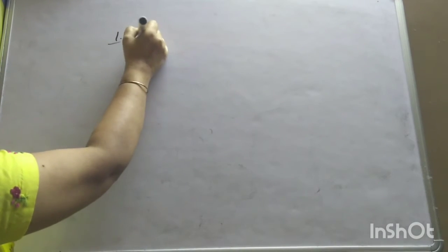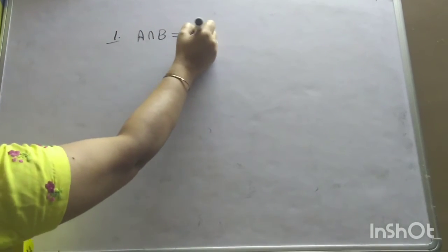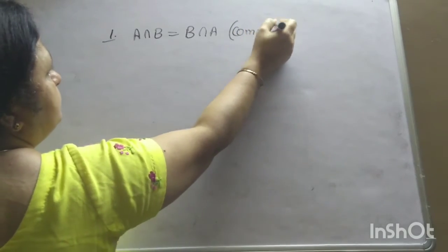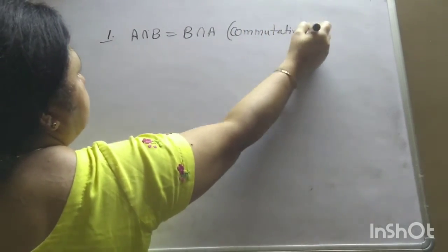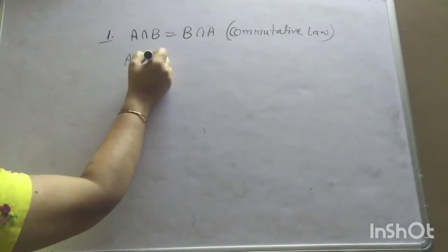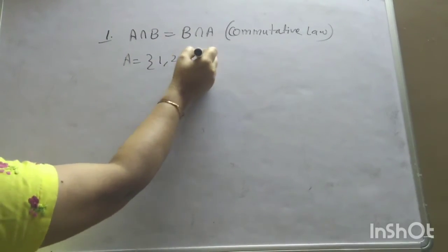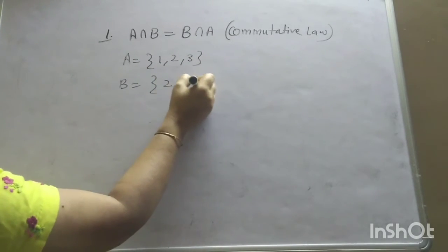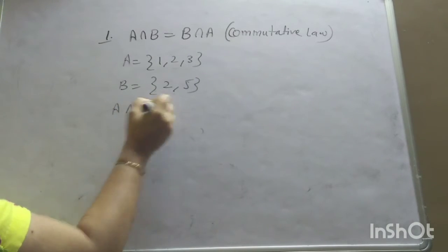Now let's discuss some properties of operation of intersection. First one is A intersection B is equal to B intersection A. This is commutative law. For example, A is 1, 2, 3, B is 2, 5. Then what is A intersection B?